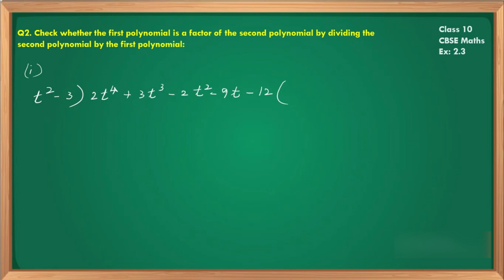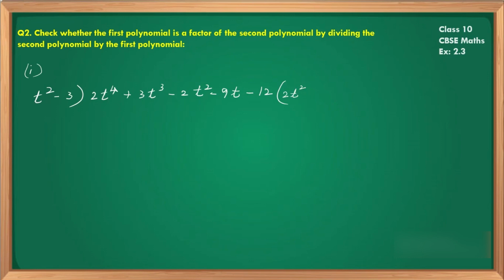Now the first polynomial is t square minus 3 and this is the divisor, and the other one, which is the second polynomial, is the dividend. Let us start dividing. Now we have 2t to the power 4. In the divisor we have t square. Now to get 2t to the power 4, we have to multiply 2t square with t square.